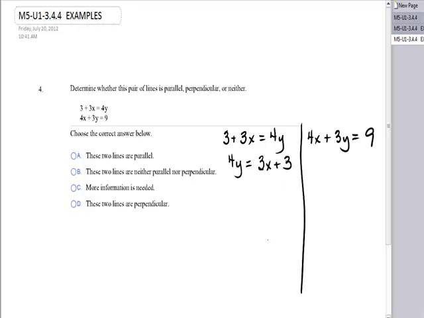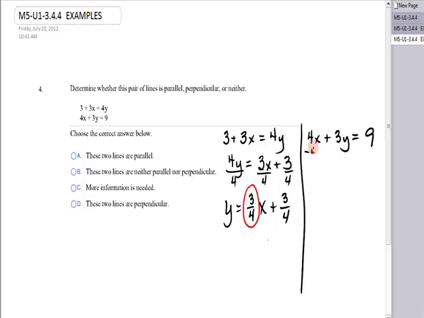I did a good bit of changing there. First, I swapped the left and right sides, and then I used my commutative property to change positions on those. Now I'm going to divide everything by 4, and y is equal to 3/4 x plus 3/4. There's the slope of my first line.